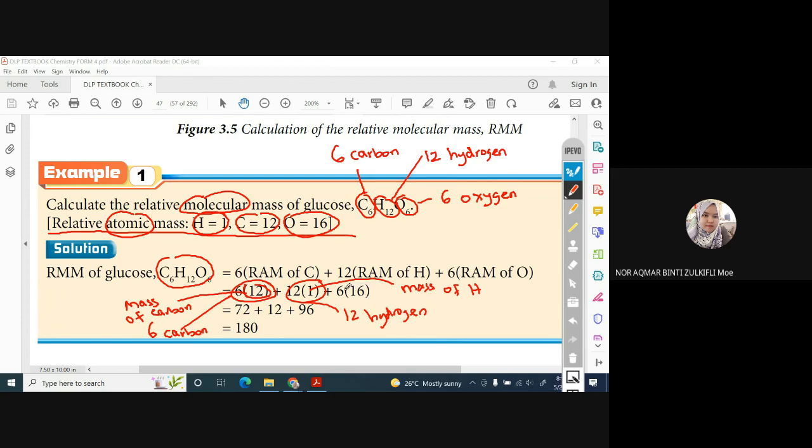And the last one here, 6 oxygen, and the mass is 16, the mass of oxygen. Just total up, then you get 180.